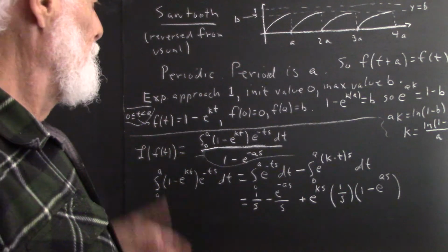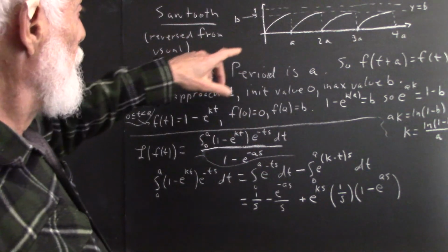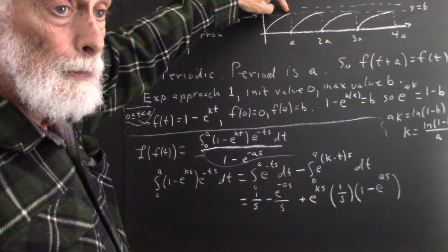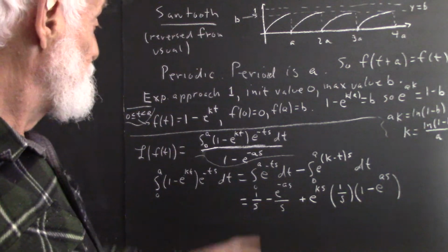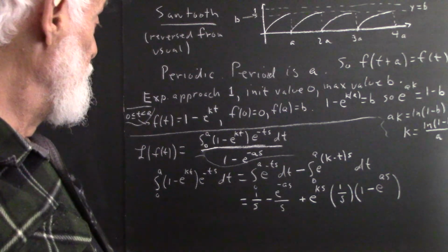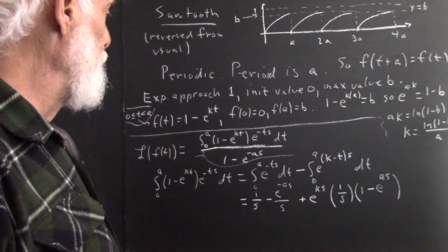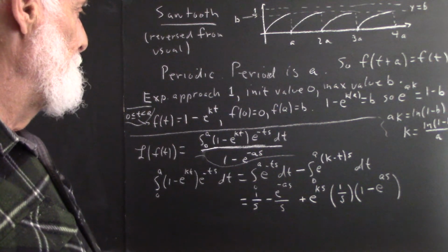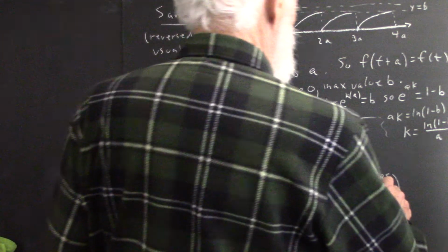The procedure's the same as before. What you have to do is find your function for the first period, and do that integral. And you just do the integral right, and then you divide by your 1 minus e to the negative as.